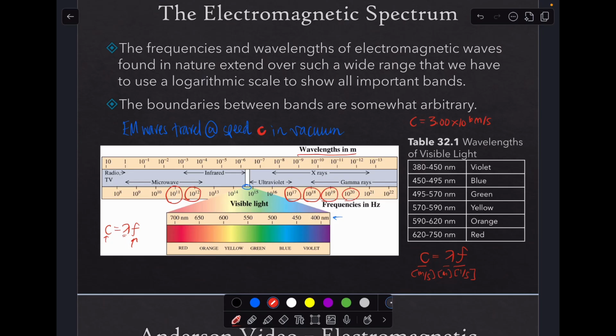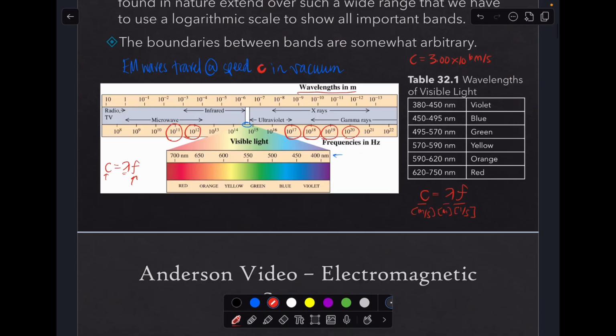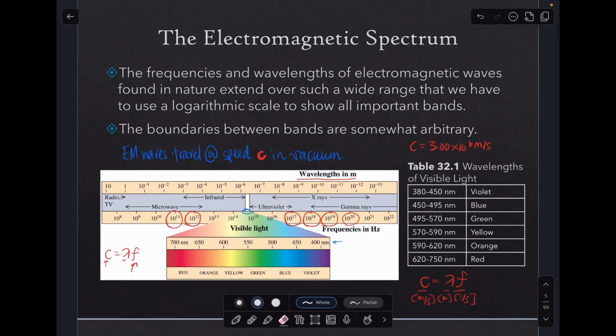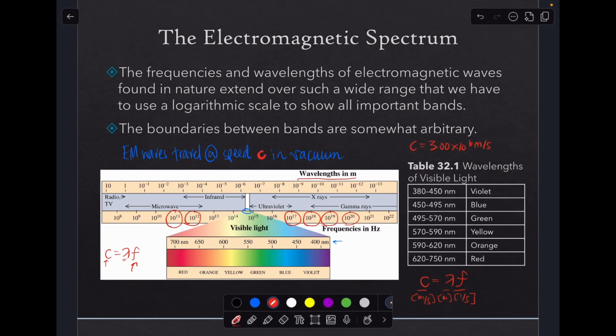All right, so let's look at this spectrum here. Professor Anderson does a really nice video on it if you want to watch that. We have our radio wave, our 60 hertz all the way down here, right? 60 hertz AC current that we use in our houses and things. That's all the way down here.